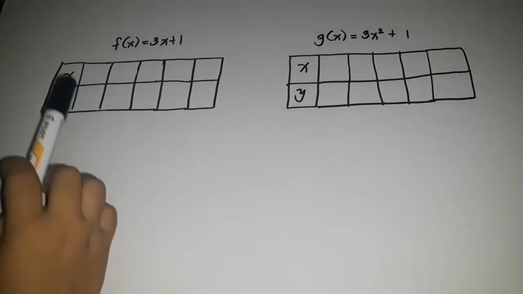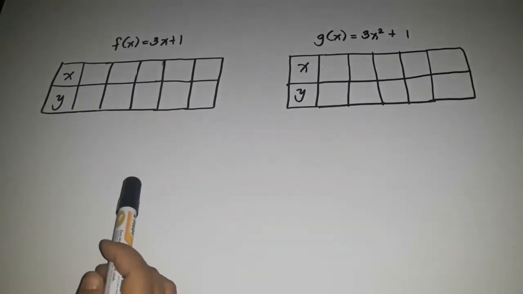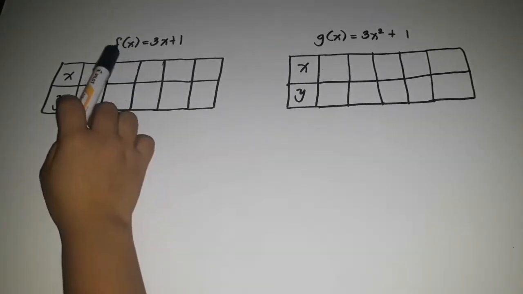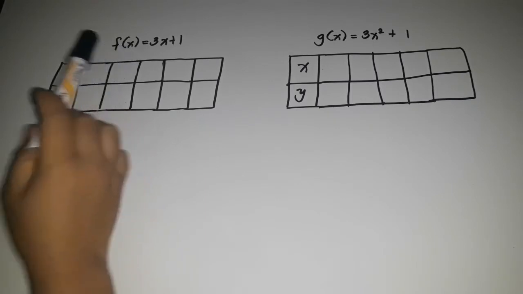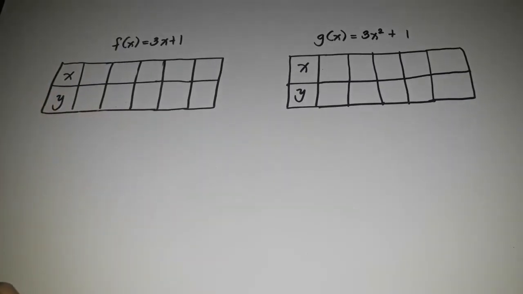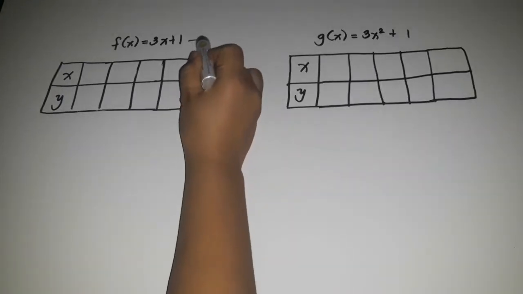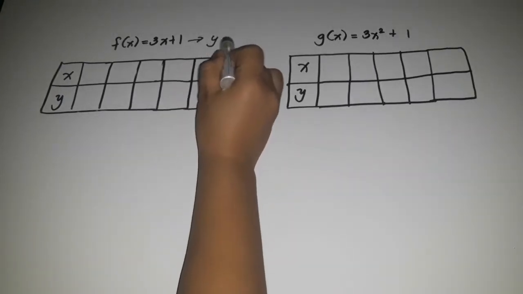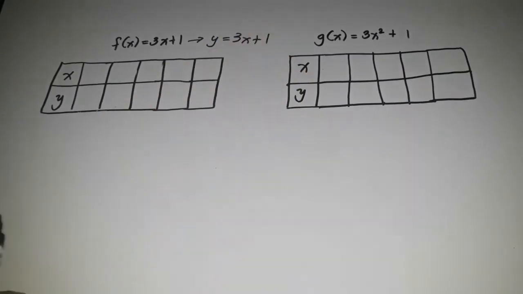Let's complete the table of values using the functions. Okay, ang first function natin is f of x equals 3x plus 1. This can also be written as y equals 3x plus 1.